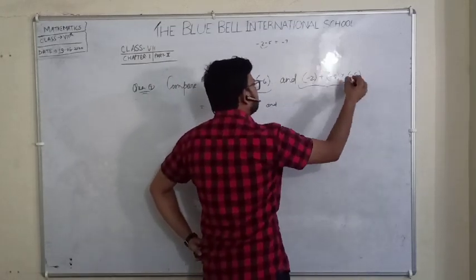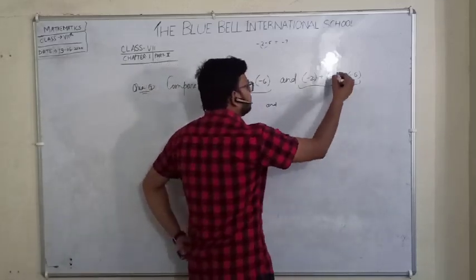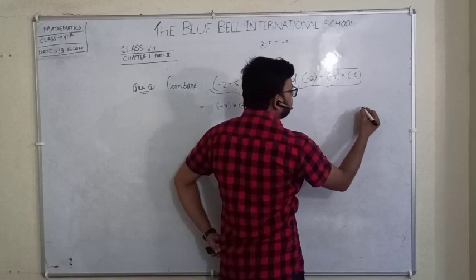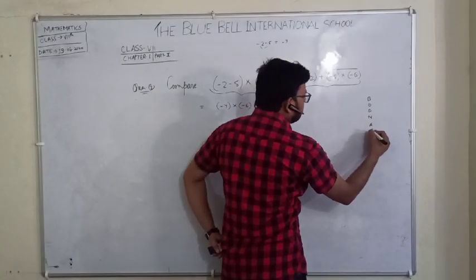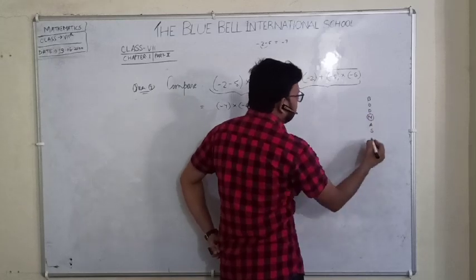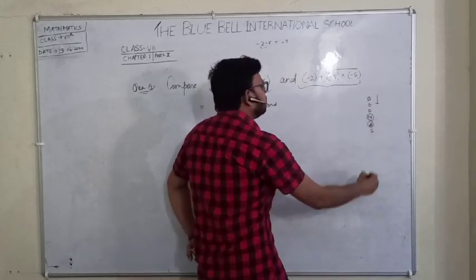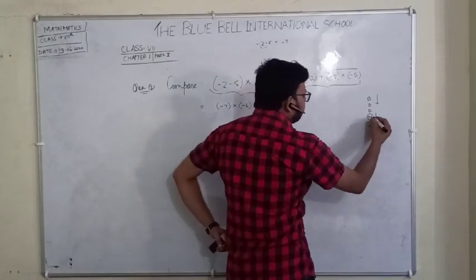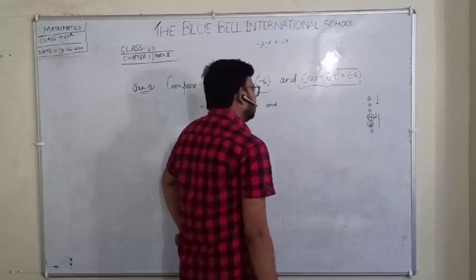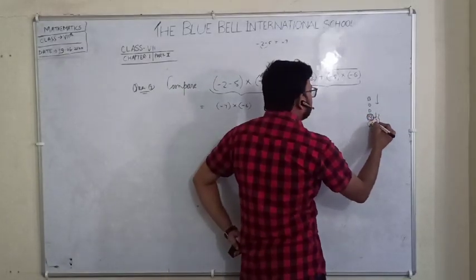Here in this expression, addition and multiplication are present. First we will do multiplication as per BODMAS. M stands for multiplication, A stands for addition. If multiplication and addition are present in an expression, we have to first multiply, then add.